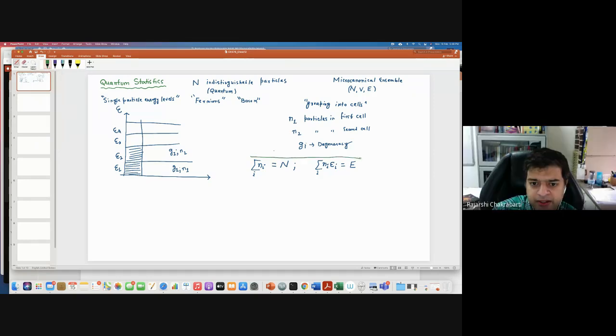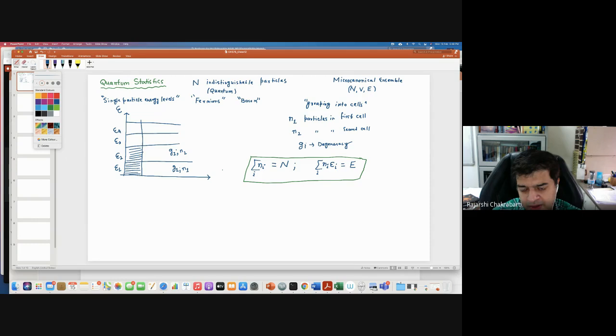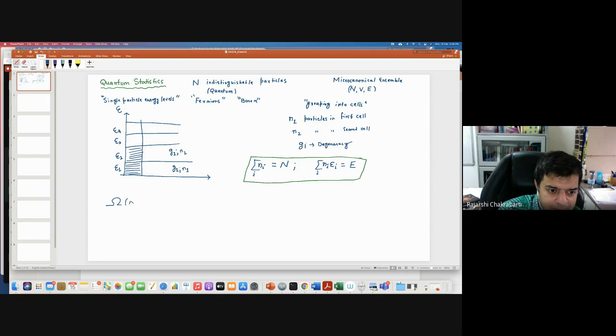Similar things were done earlier with classical particles. But I am now dealing with particles that follow quantum mechanics, and they're indistinguishable. So what should be the next step? What should I calculate? You know the prescription. You have to calculate this omega of N, V, E. What is this?